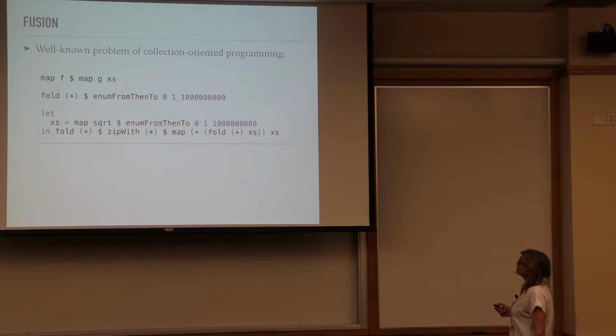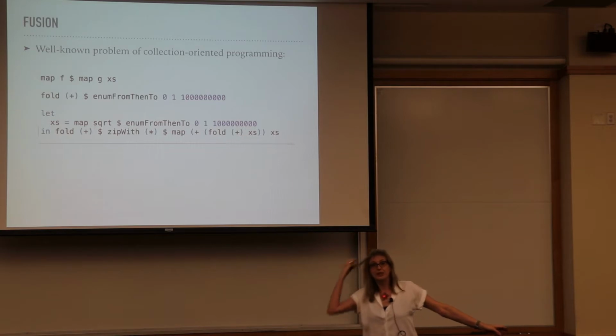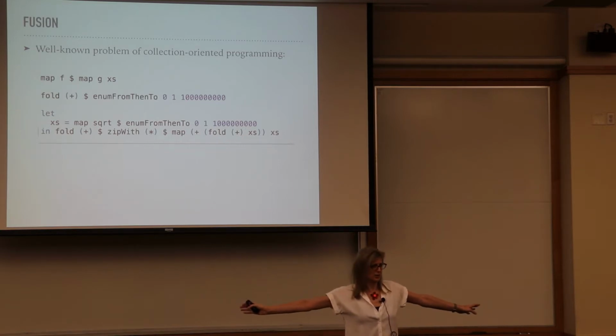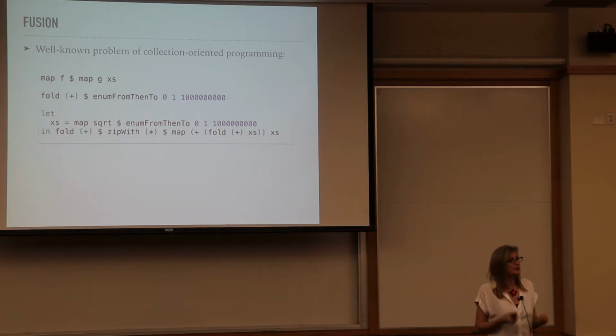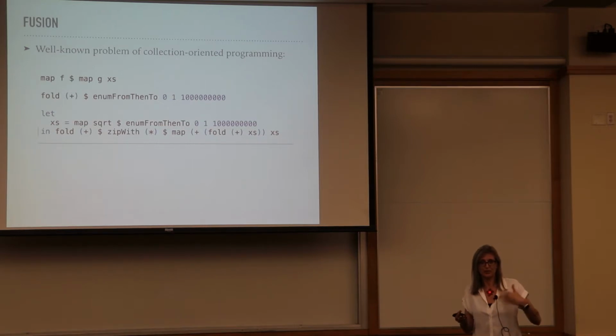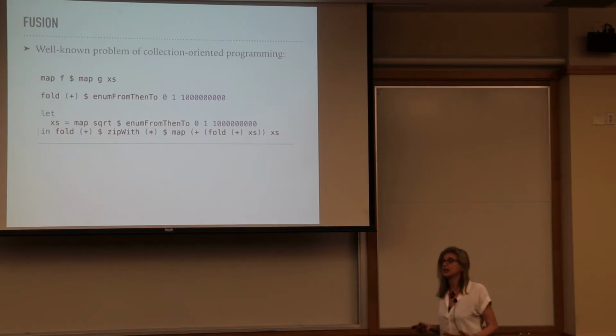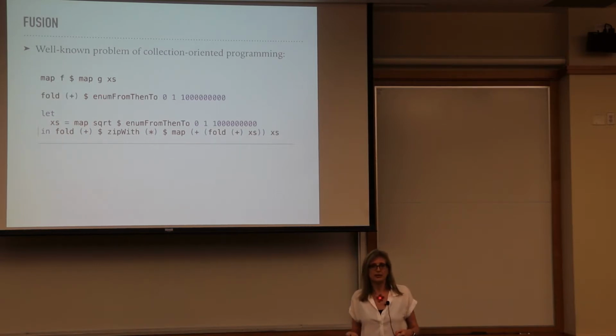Then if you have something like this where you create a big data structure and then you reduce it, if you fuse that together, you wouldn't even need to create a structure at all. You just need an accumulator, it's just a scalar operation. So the non-fused operation could easily run out of memory, whereas the fused operation is no problem.